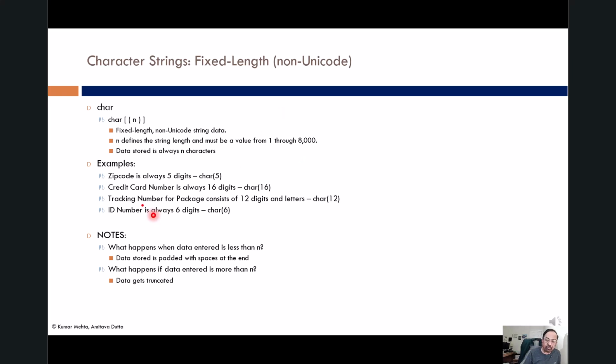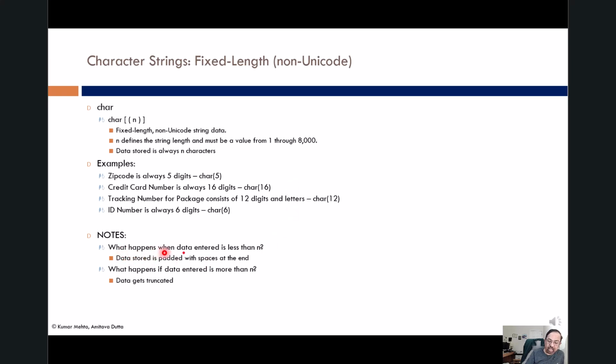For example, zip code could be specified as char 5, so it's five digits long. Credit card numbers are always 16 digits long, so we say 16. The important thing is these are characters, which means they could be numbers or letters, and they are of a fixed length.